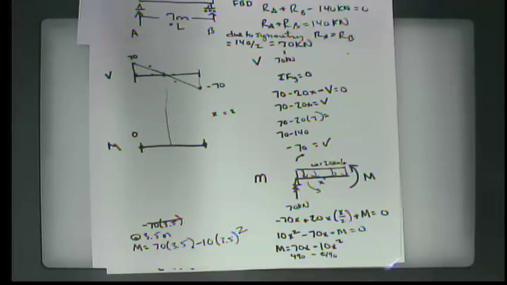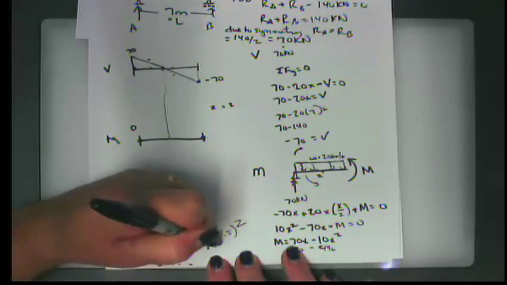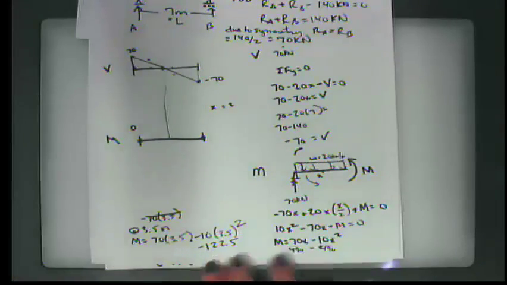We have 3.5 squared multiplied by 10. So the value of the squared term is negative 122.5. And 70 times 3.5, that value is a positive 245.